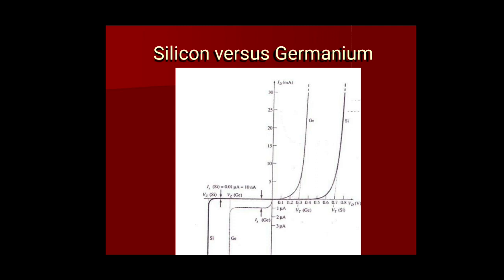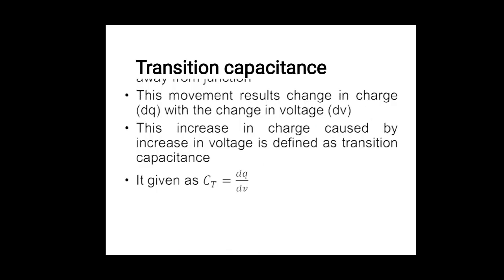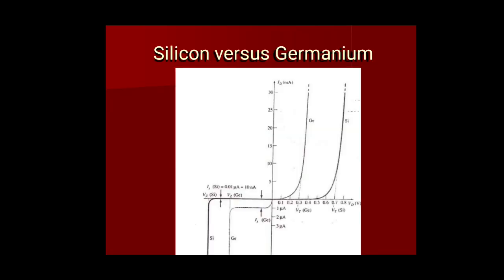At 0.3 volt the knee voltage is available, and this graph is germanium, and at 0.7 this is the silicon. Reverse current is measured in nanoamperes or microamperes, as I told you now.